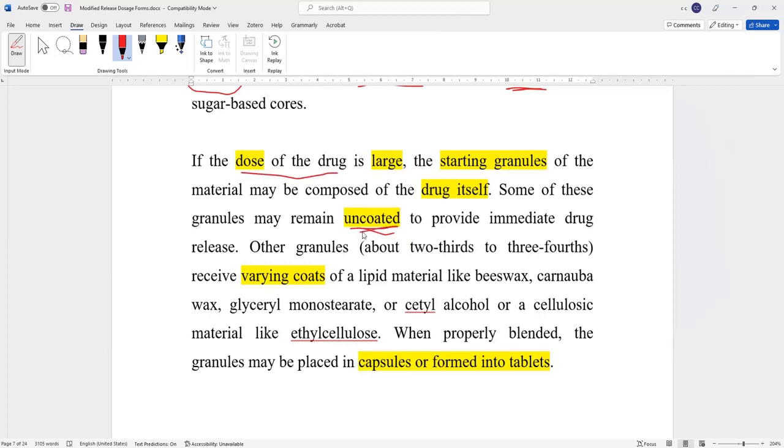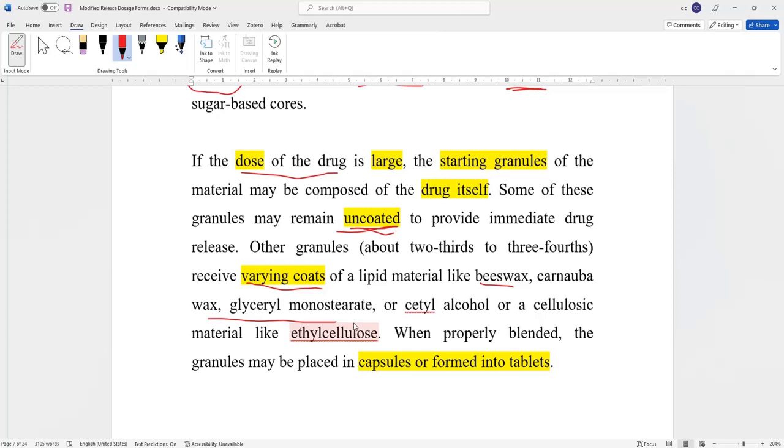Some of them I will keep uncoated, and some of them, maybe 2/3 to 3/4, I will apply varying coats to. يعني a portion of them I will apply a lot of coats, some of them fewer coats, so varying amounts of coats or number of coats with materials like beeswax, carnauba wax, and these materials that you see here like glyceryl monostearate, cetyl alcohol, ethyl cellulose.